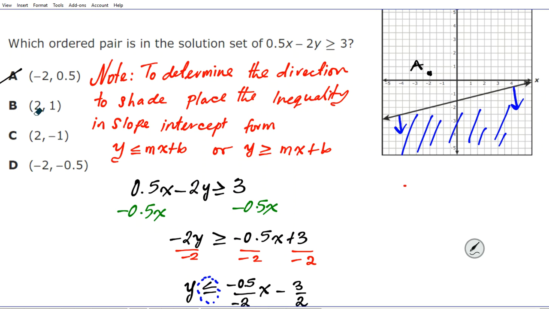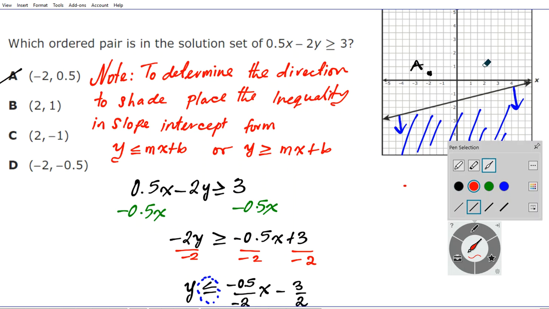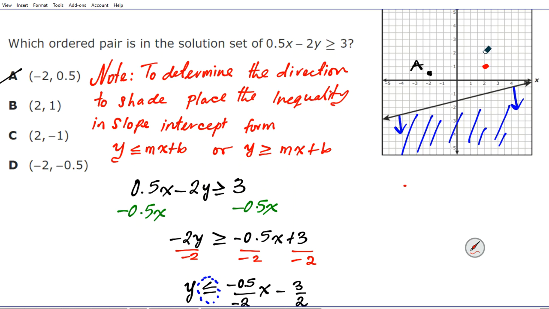Let's take a look at point B, 2, 1. Change the color to red. Point B is right there, positive 2, 1. Is this acceptable or not? The answer is no, because this point is not on or beneath the line. Eliminate point B.